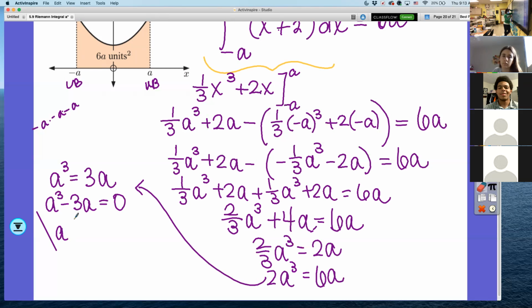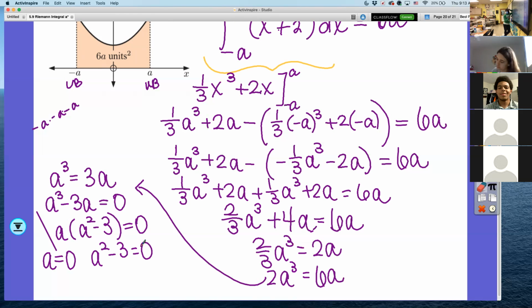Since both terms have an a in common, you can factor that out, and then you'll be able to set the outside equal to 0 and the inside equal to 0. This way you don't lose any of your solutions.